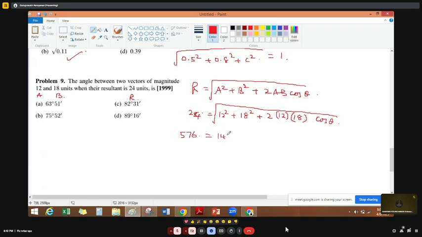So 144 plus 324 plus... Of course, I don't know if you can do it, these kind of numbers are a little bit hard.